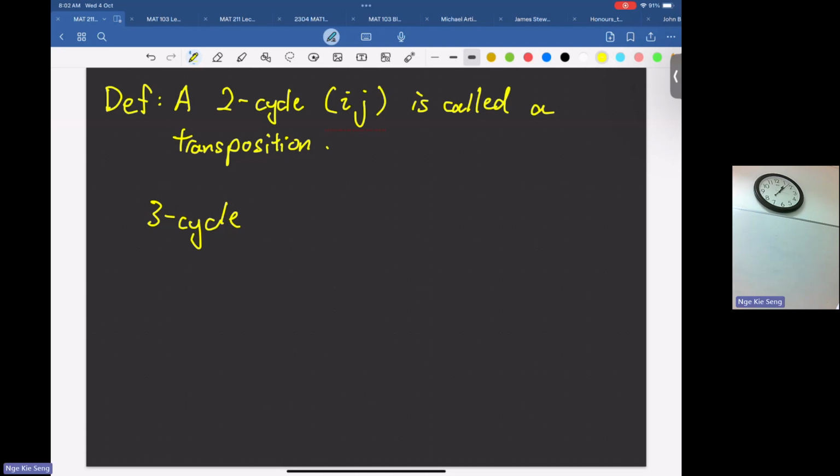Yes, (i j k). So in general, we can define an n cycle: (i1 i2 ... in). How should we define this n cycle?